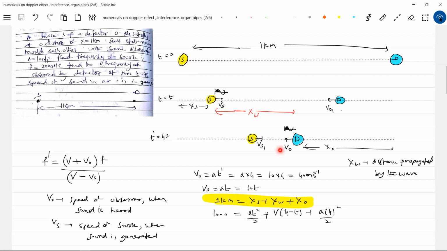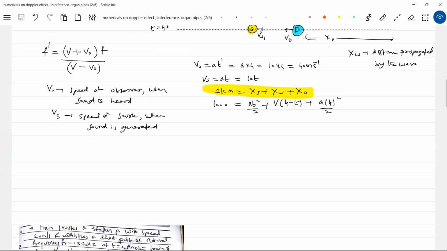The detector is projected vertically up and the source is dropped vertically down from rest. Then the detector is going to describe retarding motion, and the source will be describing accelerated motion. The same thing, the Doppler effect can be asked there also in projectile motion. And I'll take the next one here.